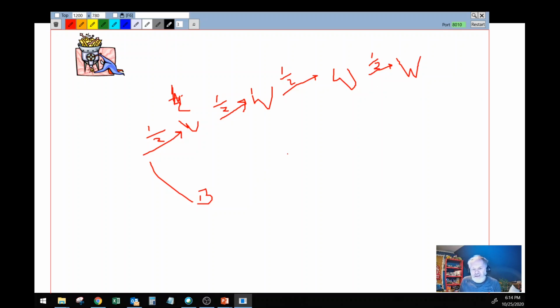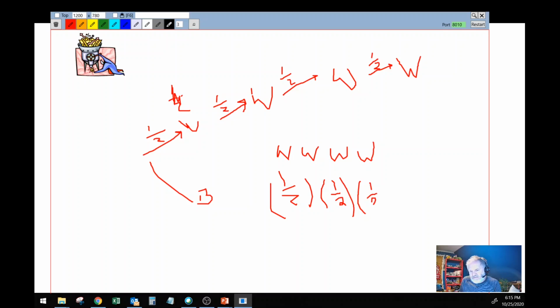So the probability of white, white, white, white is 1/2 times 1/2 times 1/2 times 1/2.